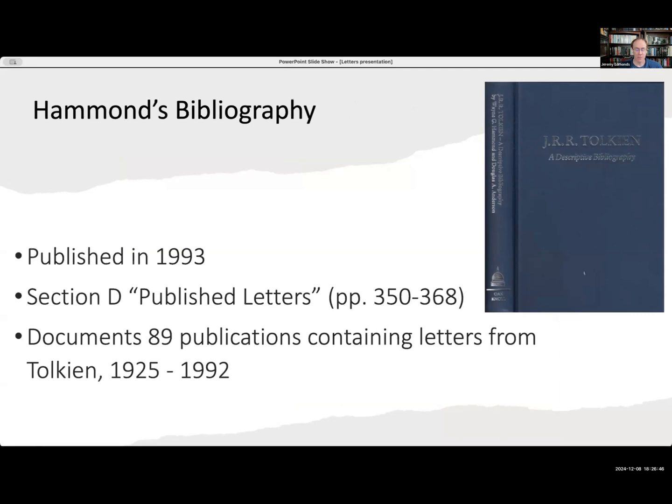Carpenter's book is obviously very well documented in here, but there are 88 other publications that are listed, identifying what letters were known at the time, which catalogs they were in, and it was a significant help to understand what people knew about Tolkien's letters in the early 1990s.